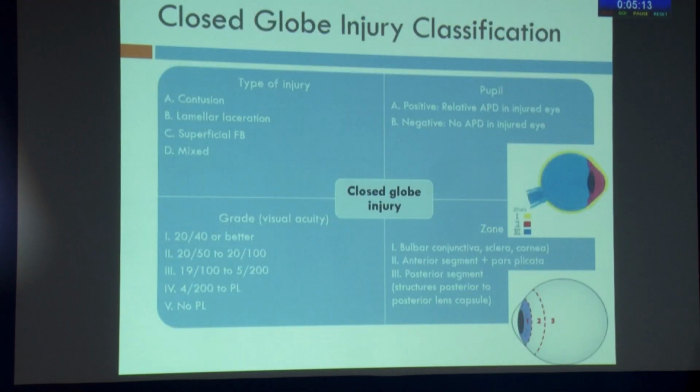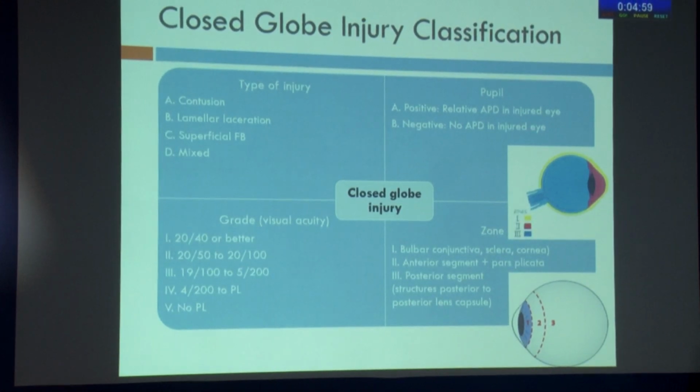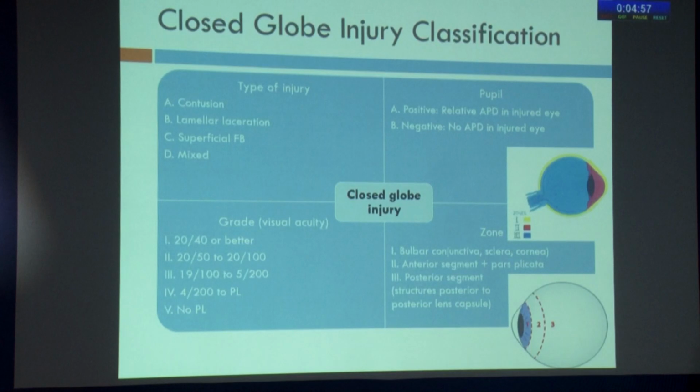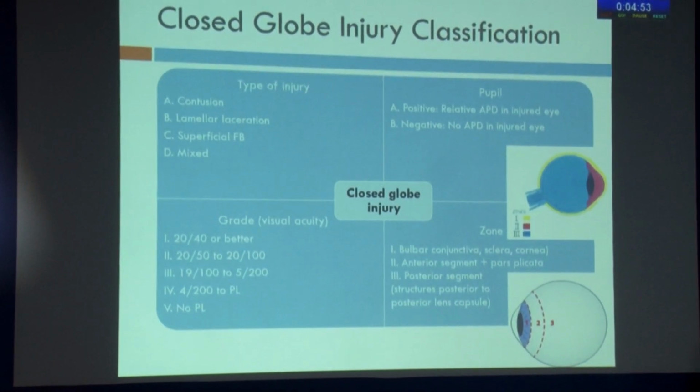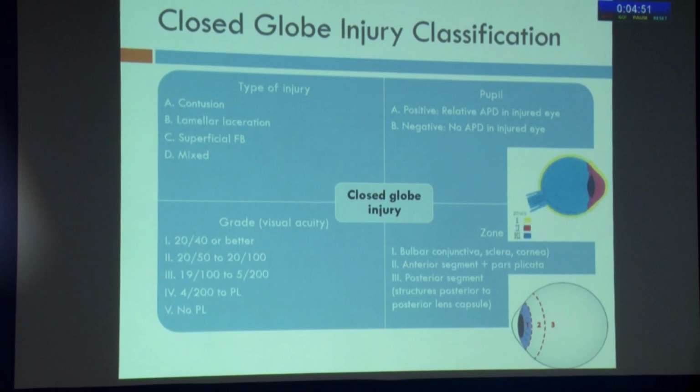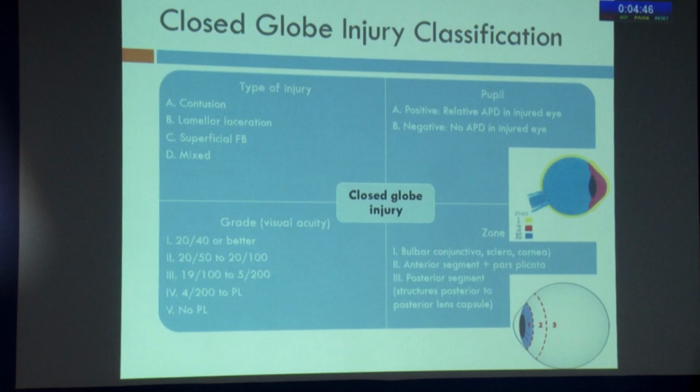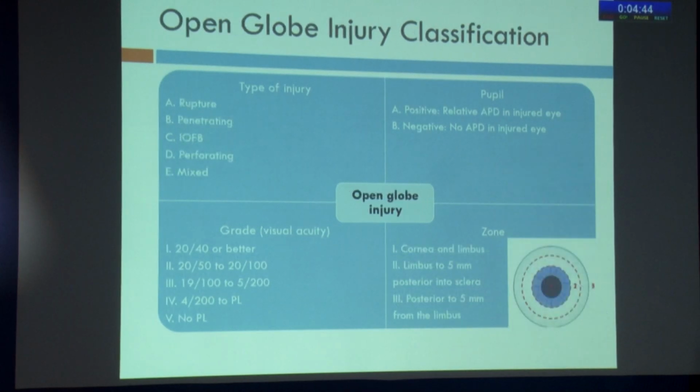For closed globe injuries, type A is contusion, type B is lamellar laceration, type C is superficial foreign body, and type D is mixed. Regarding the zone of injury, which is very important, zone 1 is when the injury involves just the bulbar conjunctiva, sclera or cornea. Zone 2 involves the anterior segment or the pars plicata, and zone 3 is when the posterior segment is involved. Then we also look at the pupillary reactions and grade the visual acuity.